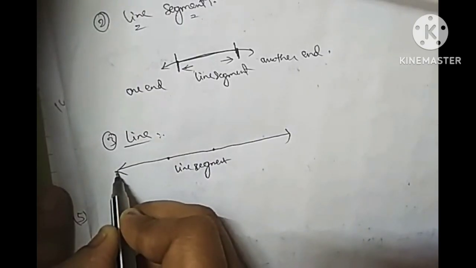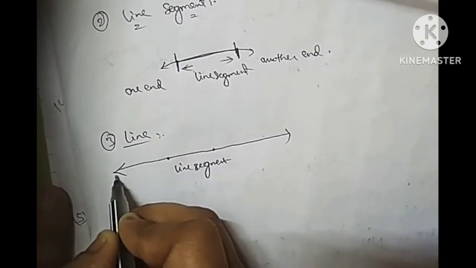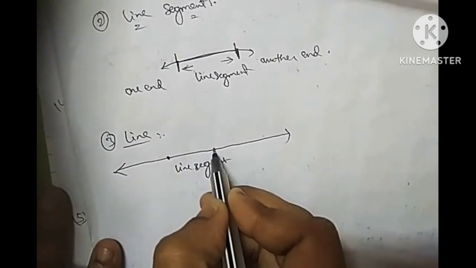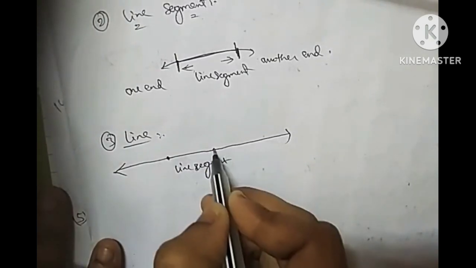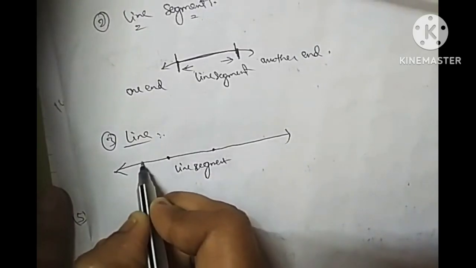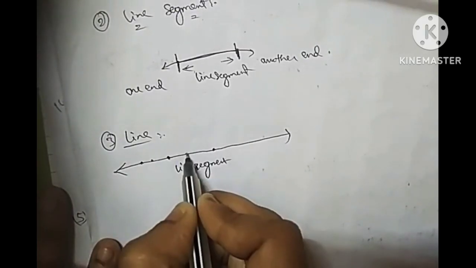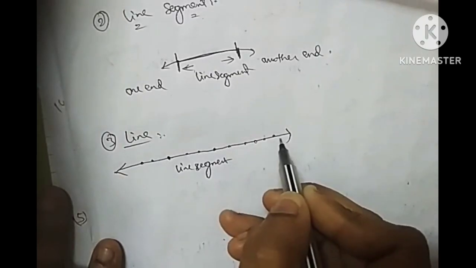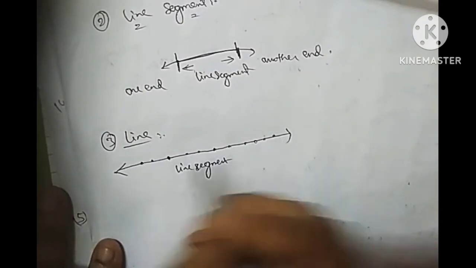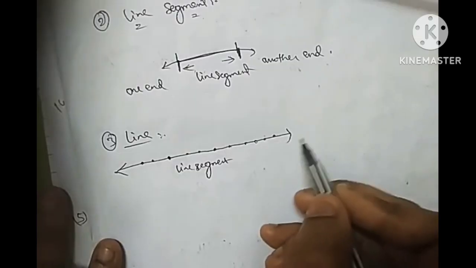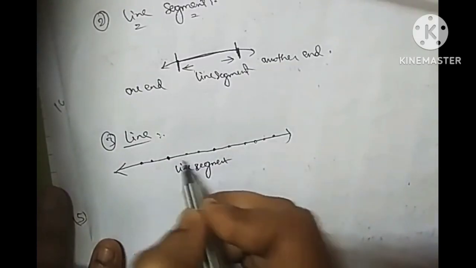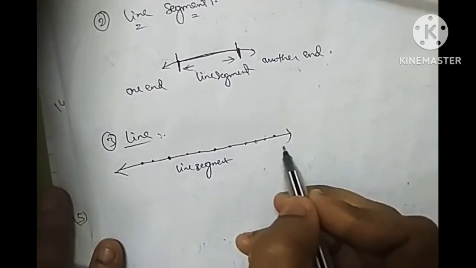On this line there are not only two points, more points will lie on it. If we can extend this up to infinity, we can put points infinitely on this line.